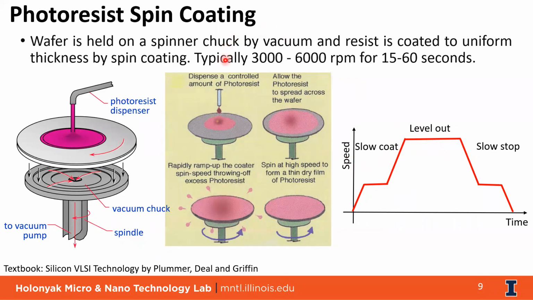Typically this happens between 3000 to 6000 RPM. At the end of this step, you slowly reduce the RPM and gradually move it to 500 or 1000, then you can go to 0. You do not want to suddenly stop your spin speed from 6000 to 0. That's why we introduce this slow stop step. Slowly you bring the RPM close to 1000 or 500, and then eventually you reach 0.